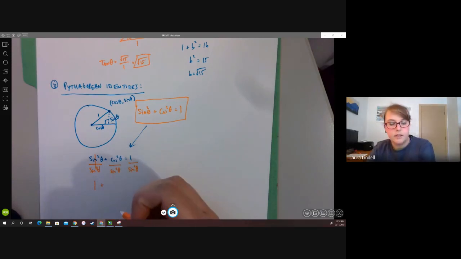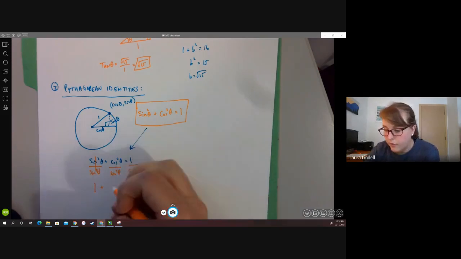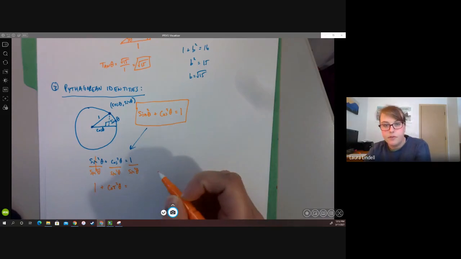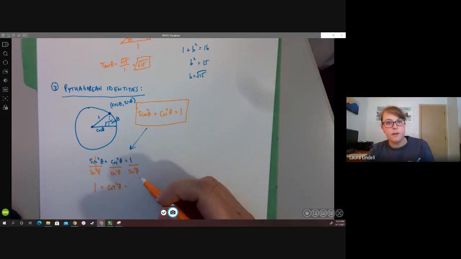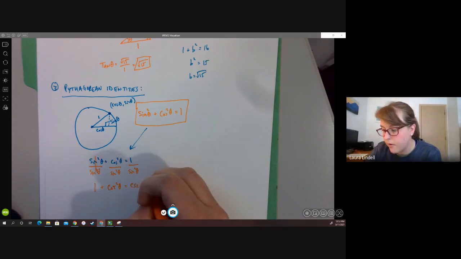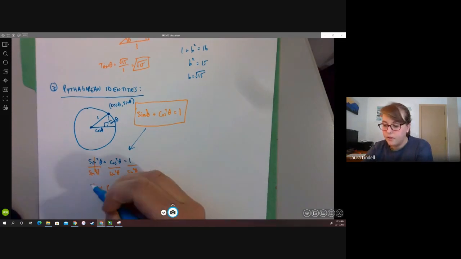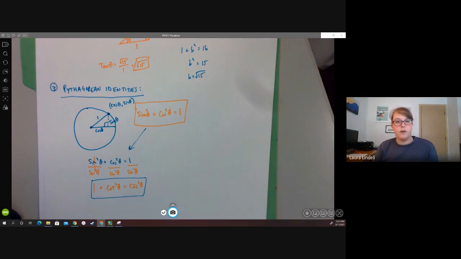Cosine squared over sine squared: if we think back to our quotient identities, cosine over sine was cotangent, so this is cotangent squared. And 1 over sine squared: thinking back to our reciprocal identities, cosecant was 1 over sine, so cosecant squared is 1 over sine squared. So 1 plus cotangent squared equals cosecant squared is another one of our Pythagorean identities.